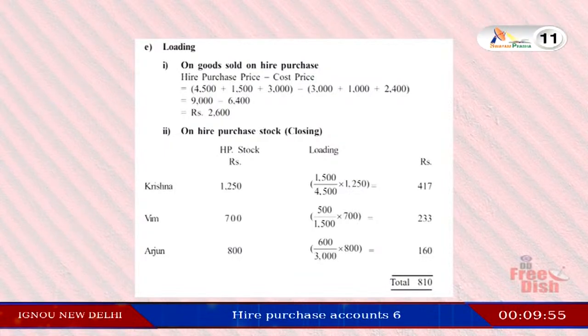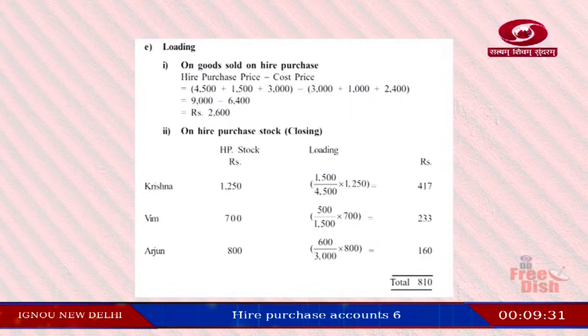4500. So very simple, for 1250 it will be 417, because here you see that 1250 is, here for Krishna buy TV costing rupees 3000 at rupees 4500, payable 1500.